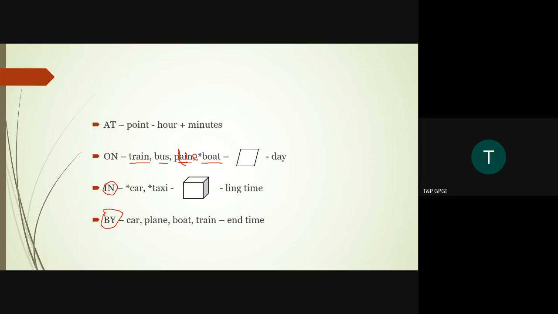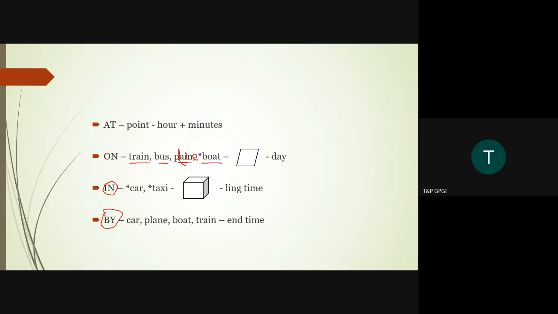I was in my car, but I got here by car. Understood the difference? That would tell them the transportation I took. How did you go there? This will answer this question.